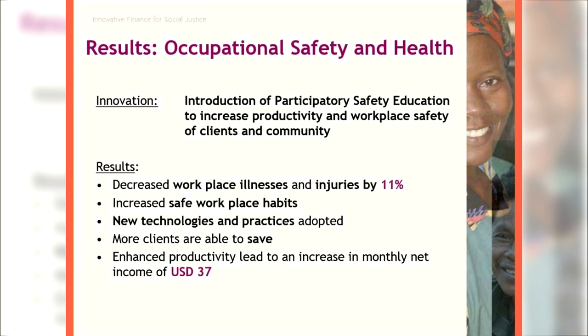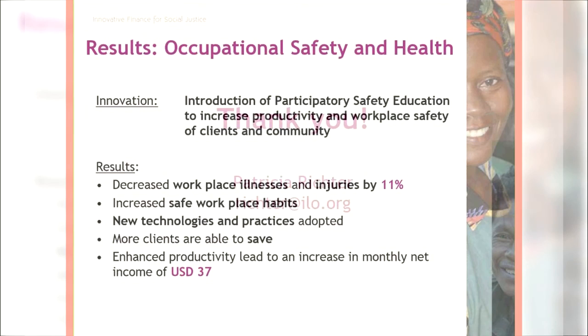People started applying safer working habits, and the productivity increases also led to an increase in monthly net income by $37. This was in India, so the $37 actually meant quite something in increase.